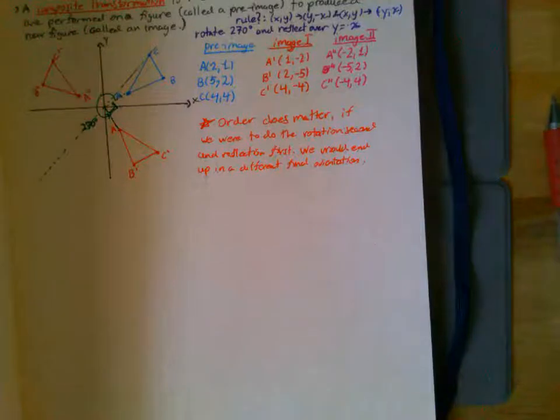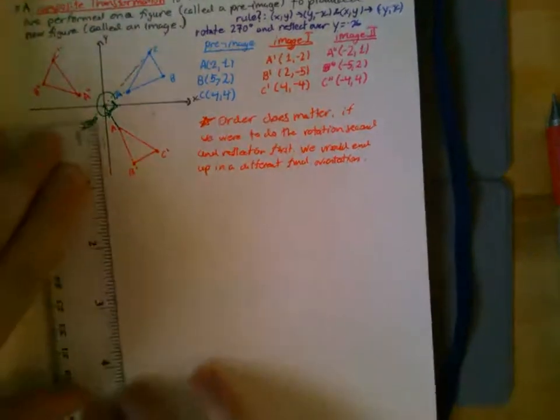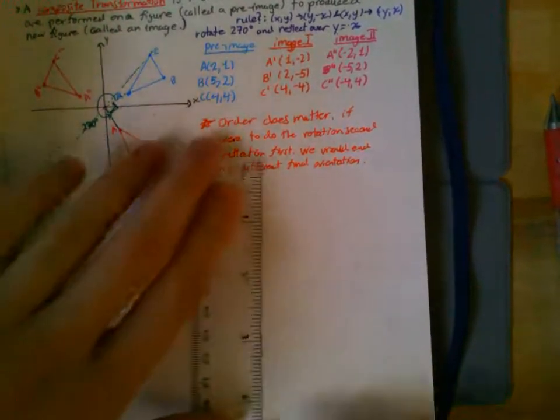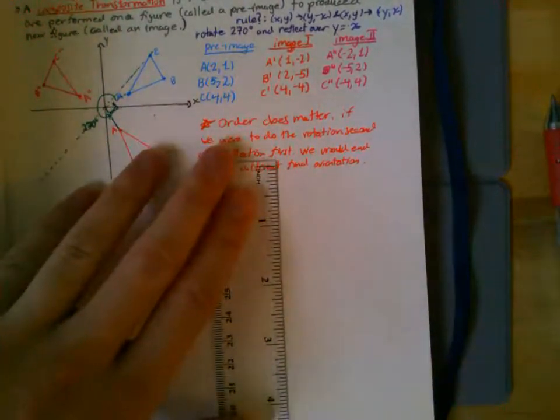So let's say, for all intents and purposes, okay, that I did decide to do the other way around, right? So I'll do it on this side this time around, okay?